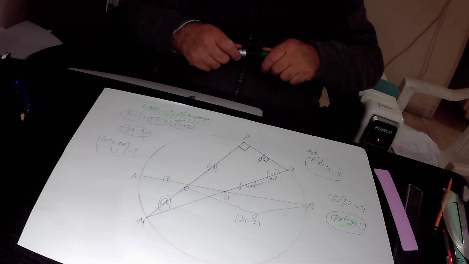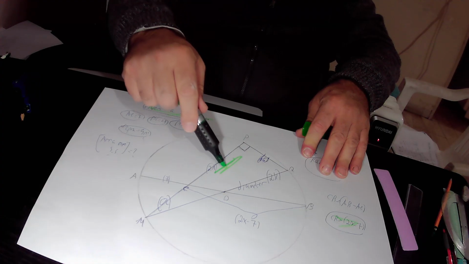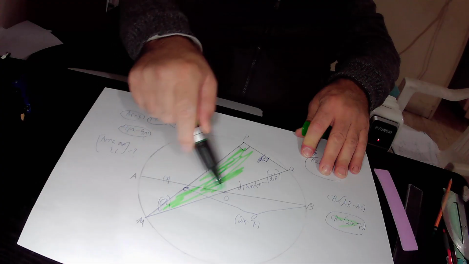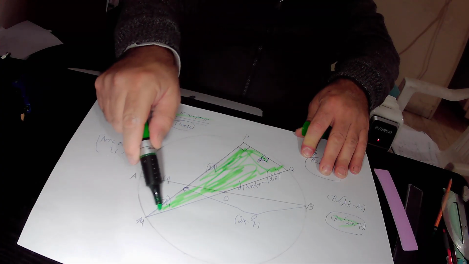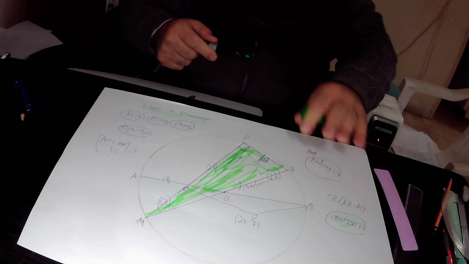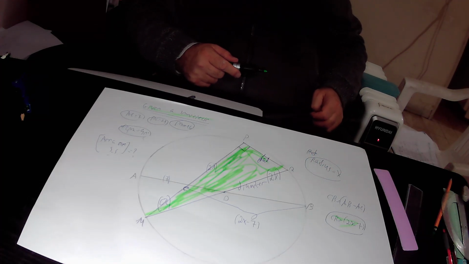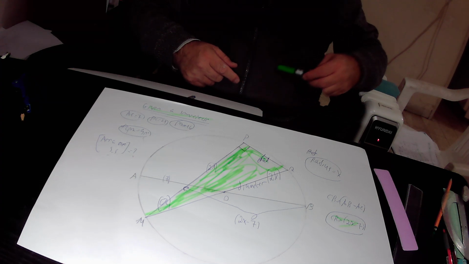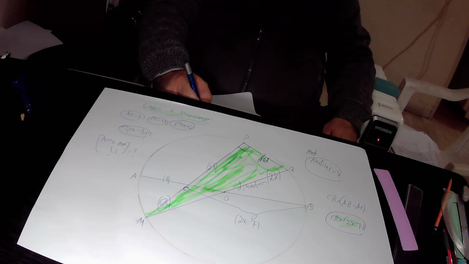on this green triangle PQM. According to the Pythagoras theorem, in any right triangle, the square of the hypotenuse equals the sum of the squares of the perpendiculars. So this green right triangle MPQ, here is the relation for the Pythagoras theorem.